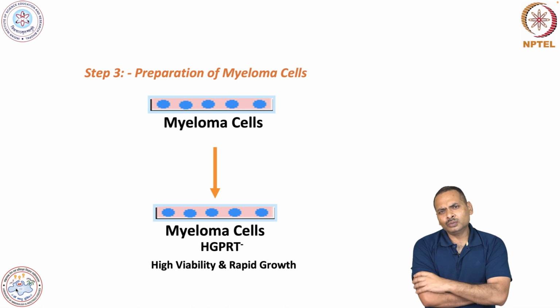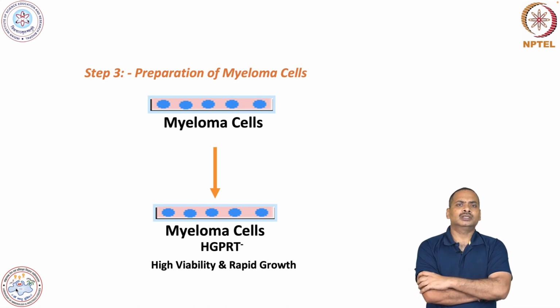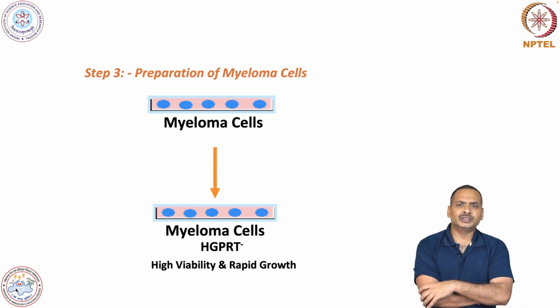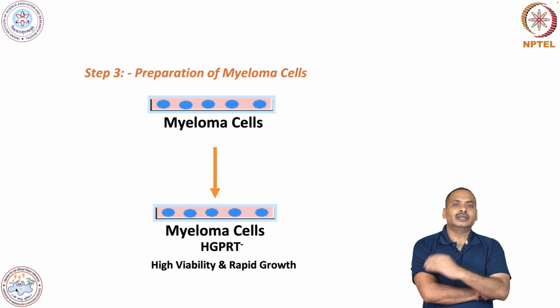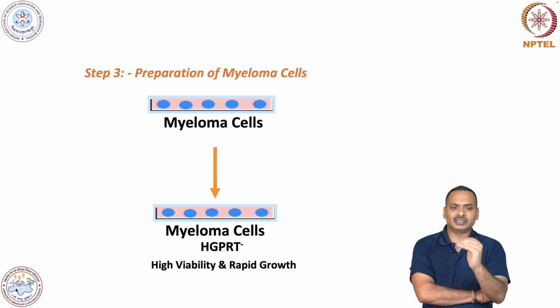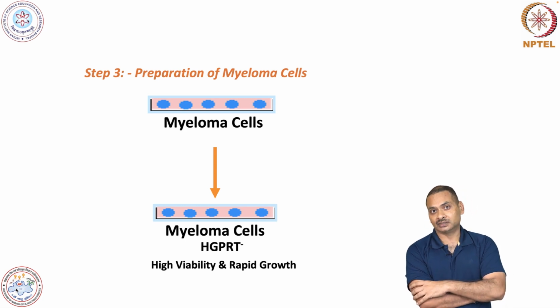So this myeloma cell is basically derived from one knockout mice which we call HGPRT. Okay. HGPRT stands for hypoxanthine guanine phosphoribosyl transferase. Okay.